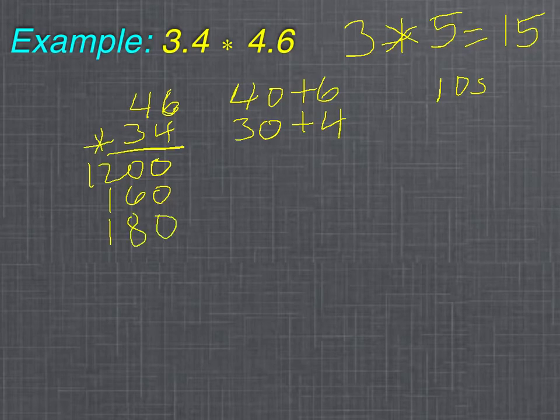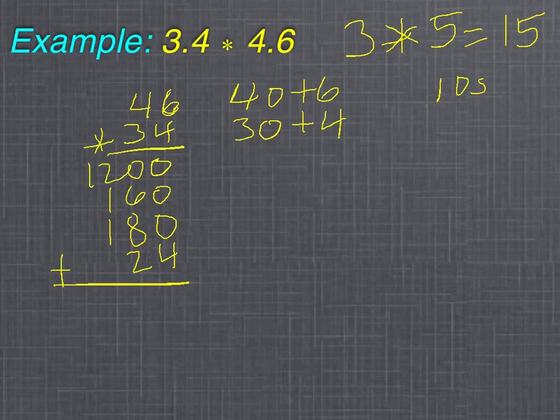And last but not least, I have to do 6 times 4, and 6 times 4 is 24. At this point, I add them all up.